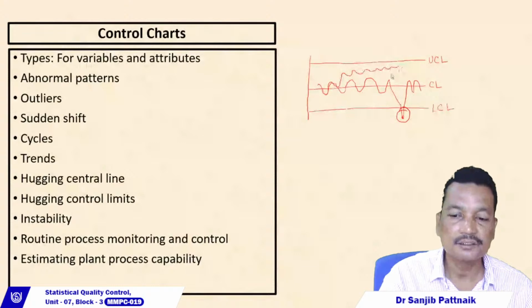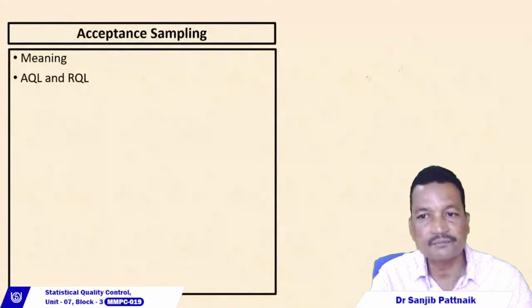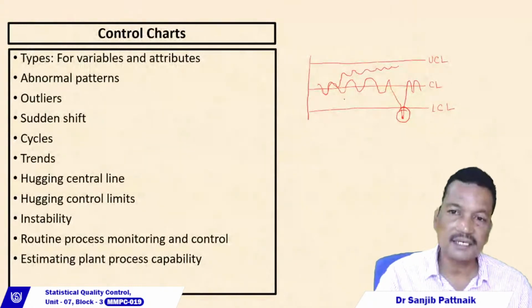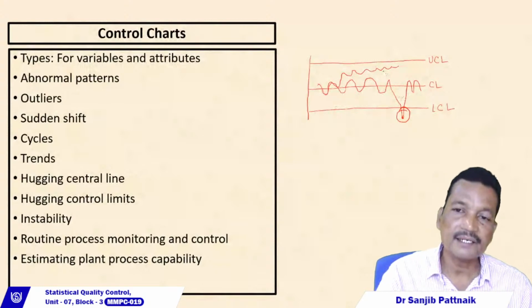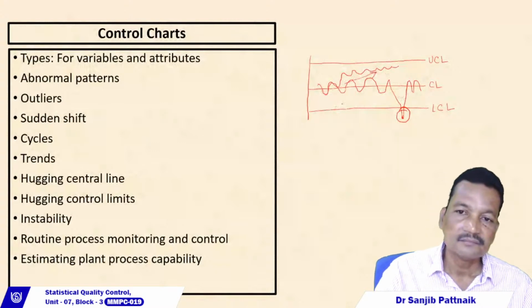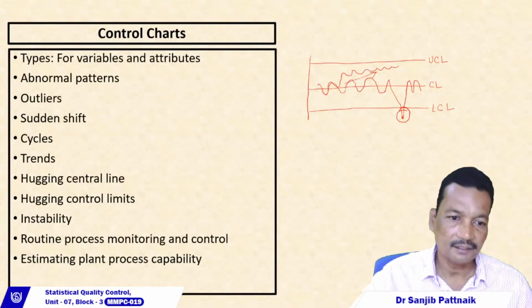There is a sudden shift. And cycles also. Why this is happening? You can find trends also. Here you can see the trend is moving upwards. Sometimes it will be hugging the central line, etc.